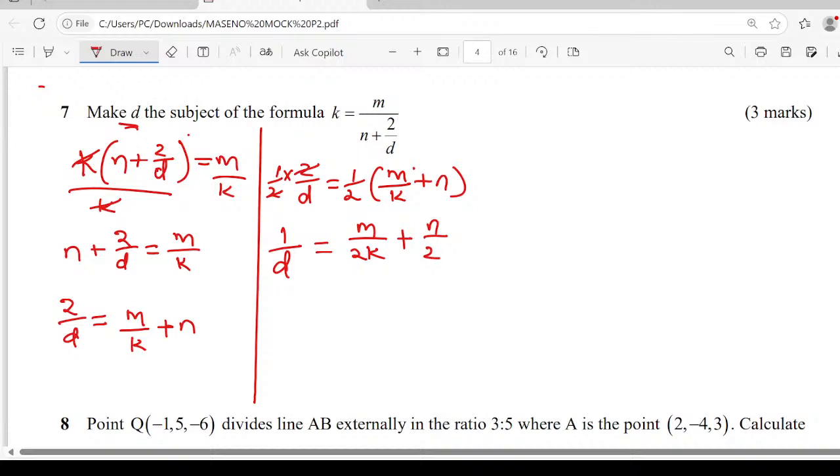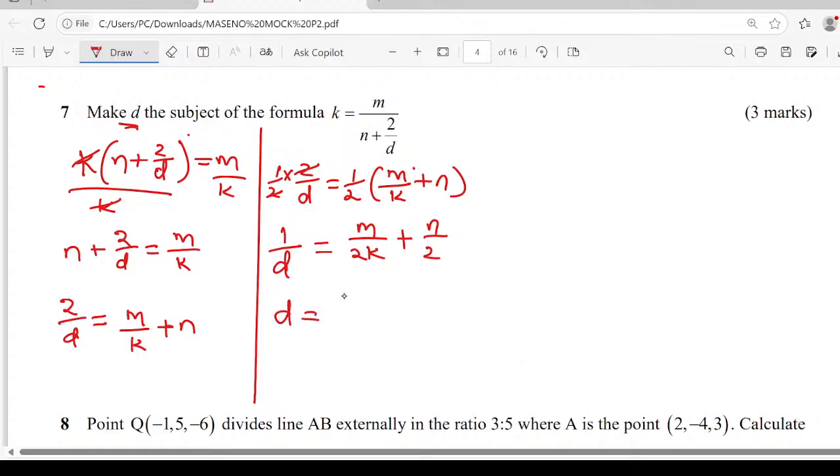Then, okay. All right. Now we are here. So if I want to make d my subject of the formula, this is 1 over d, meaning it will now be the reciprocal of this. So I'm now going to have my d being equal to the reciprocal.